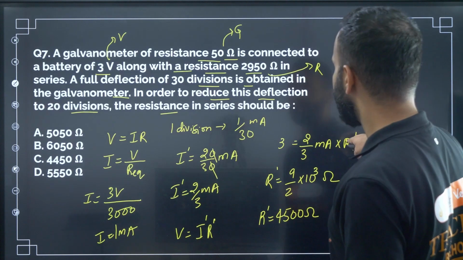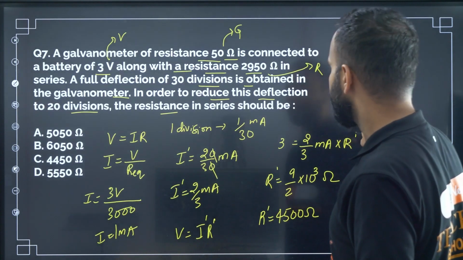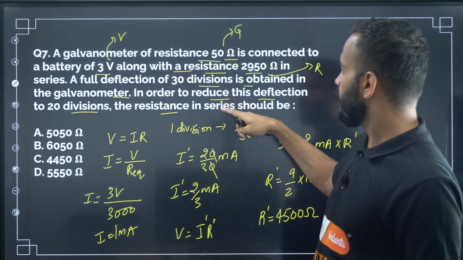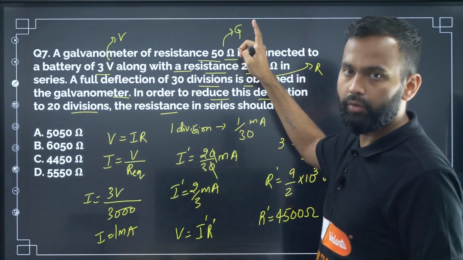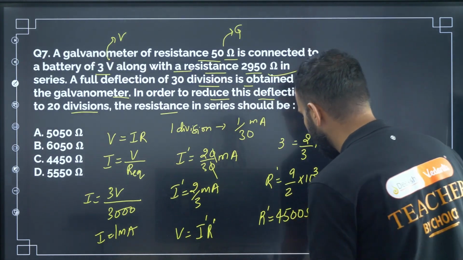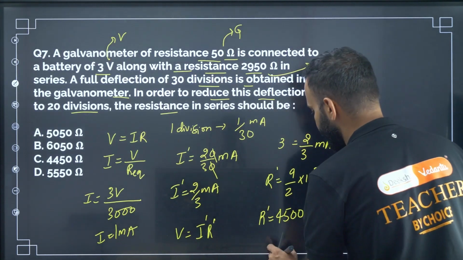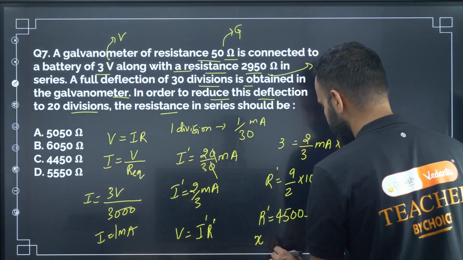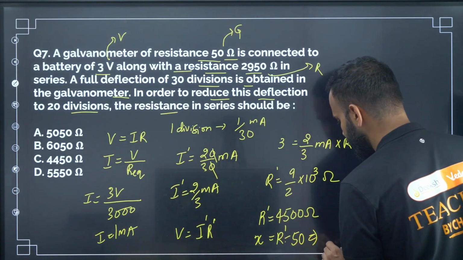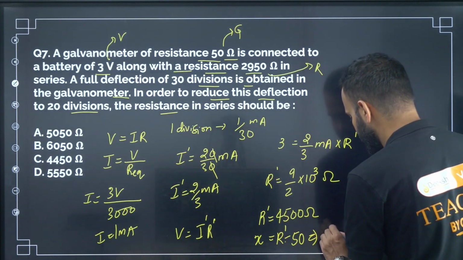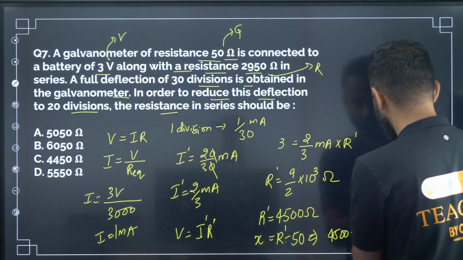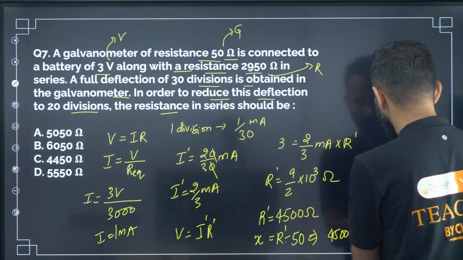So this is the effective resistance, that is the resistance which we added in series with the galvanometer resistance. Resistance of the galvanometer is 50, so the new resistance X is equal to R dash minus 50, which is 4500 minus 50, equal to 4450 ohm.